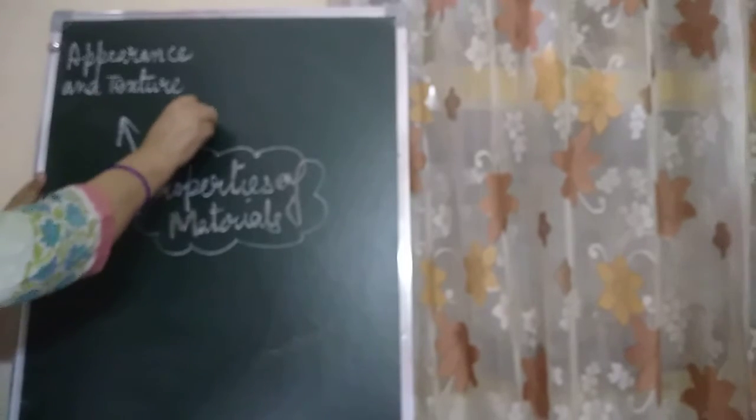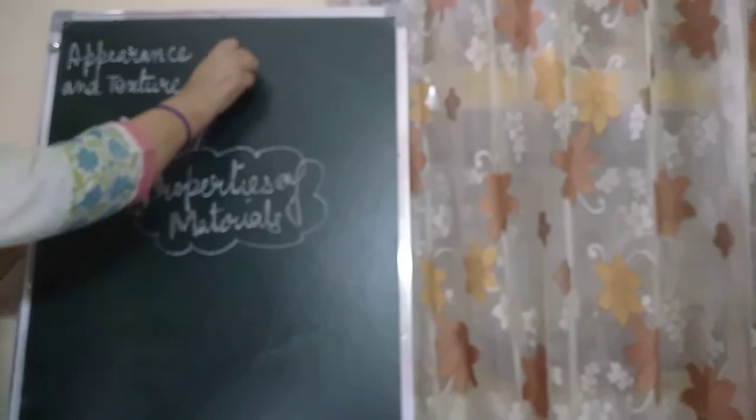Okay. Now next one we'll discuss is luster, children. Okay, fine. Now what is it? Everyone must have seen that a metal spoon shines. Does the wooden spoon shine? No, children. The wooden spoon does not shine. And what about silk cloth, children?